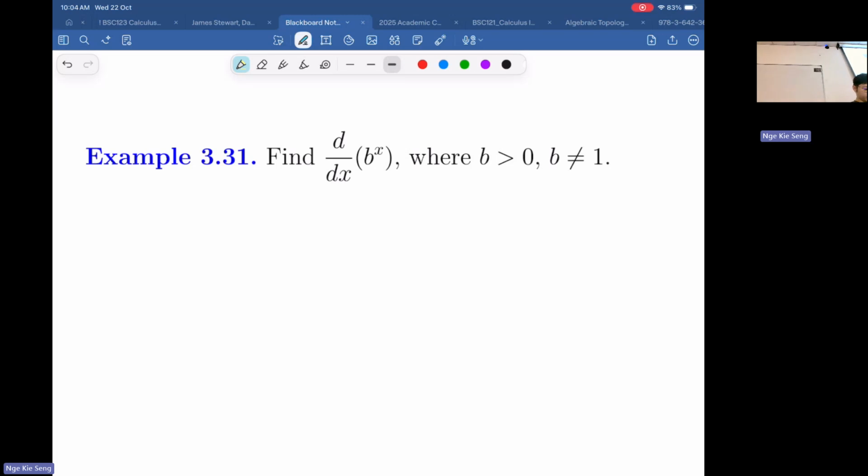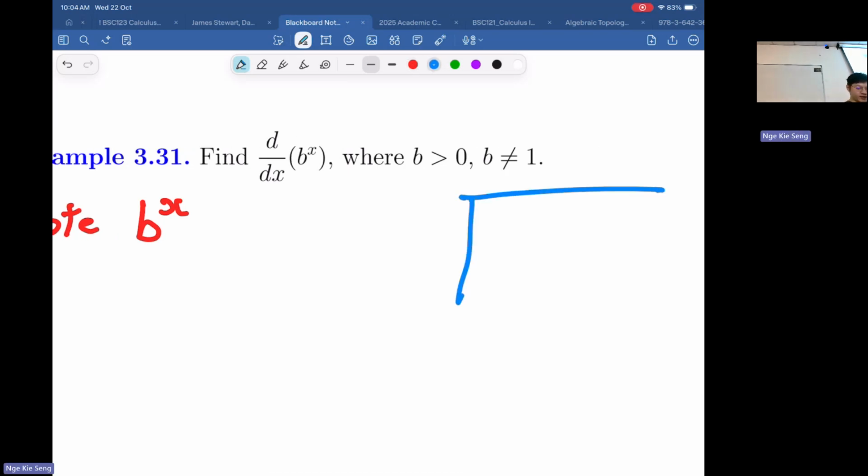Think about it. Is it possible? Check back your identities, or the exponential identity. Anyone want to try? Can you change b to e or not? Well, do you remember an identity that is, okay, this table is still the same.